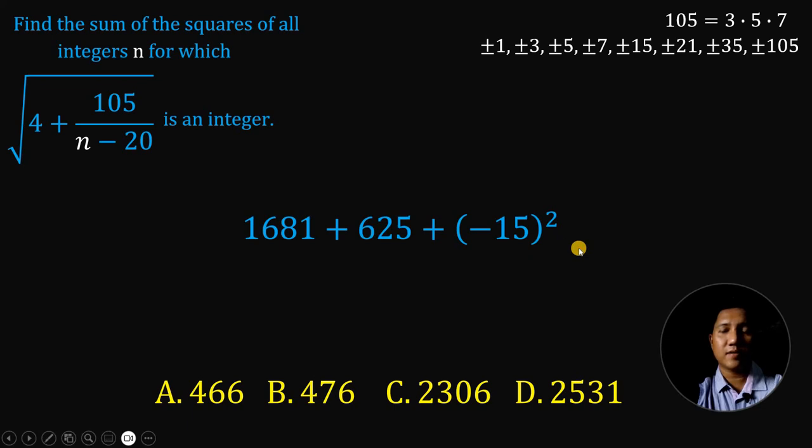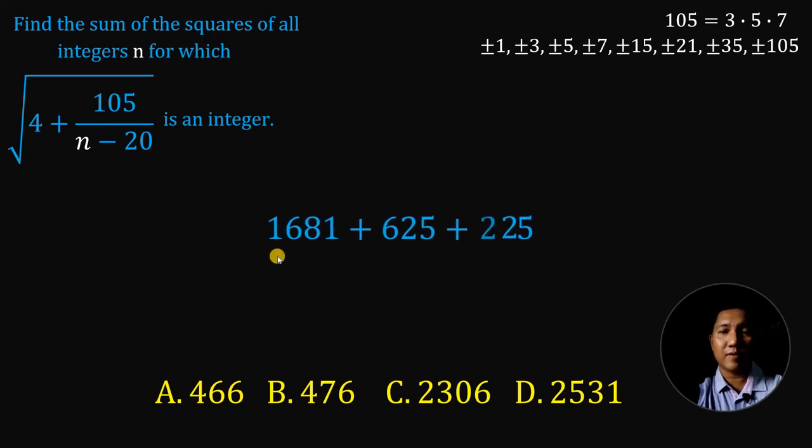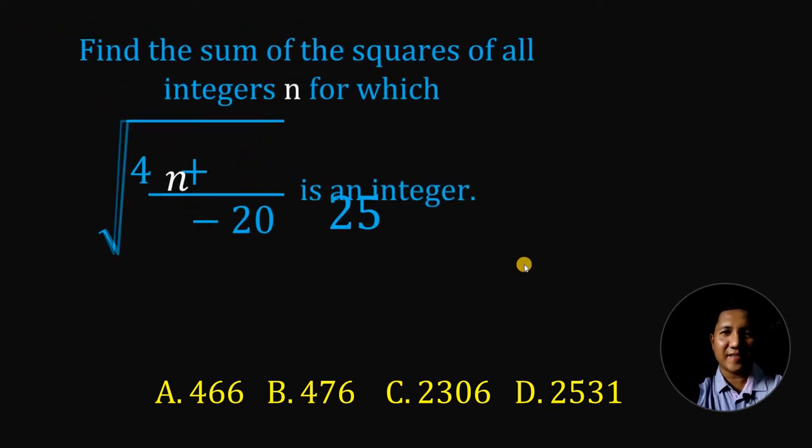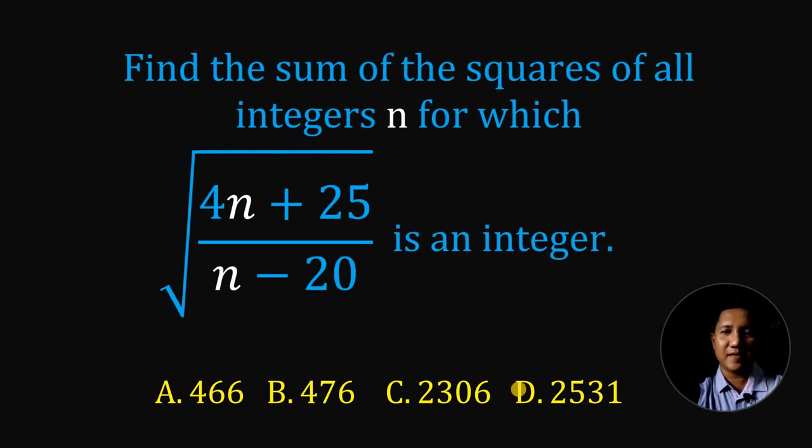Negative 15 quantity squared is just 225. Now if we add all of these numbers together, we get 2,531. Therefore, our answer to this question must be letter D, 2,531. And as always, we are done.